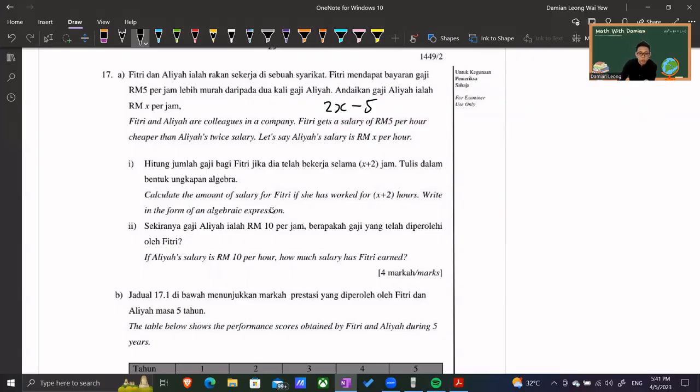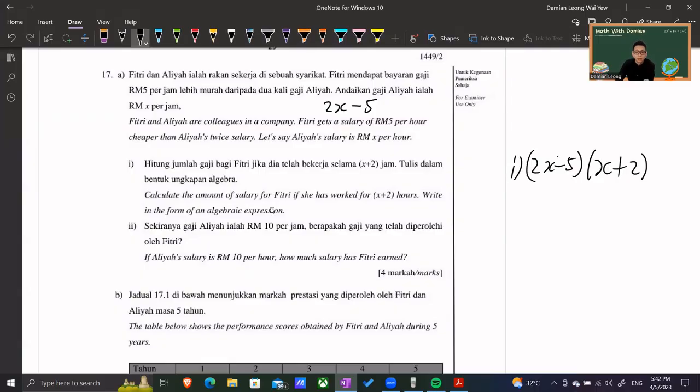in the form of algebraic expression. So that would be basically X ringgit per hour times, 2x minus 5 ringgit per hour times X plus 2 hours.